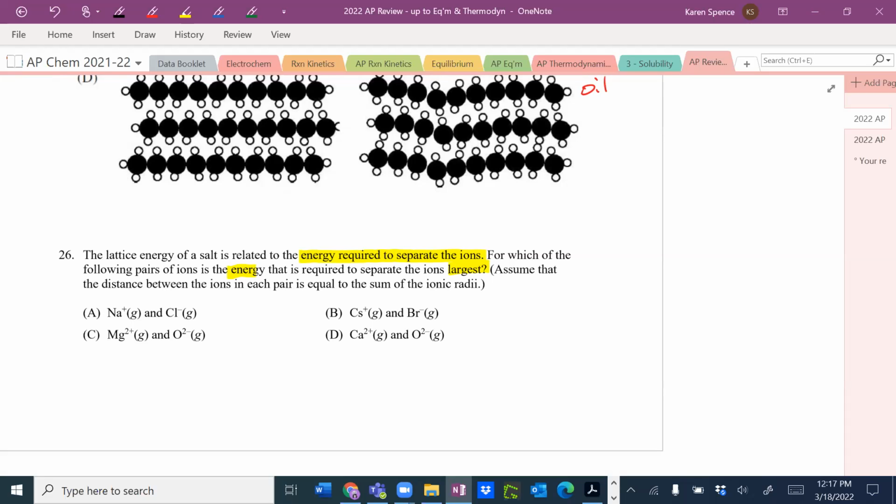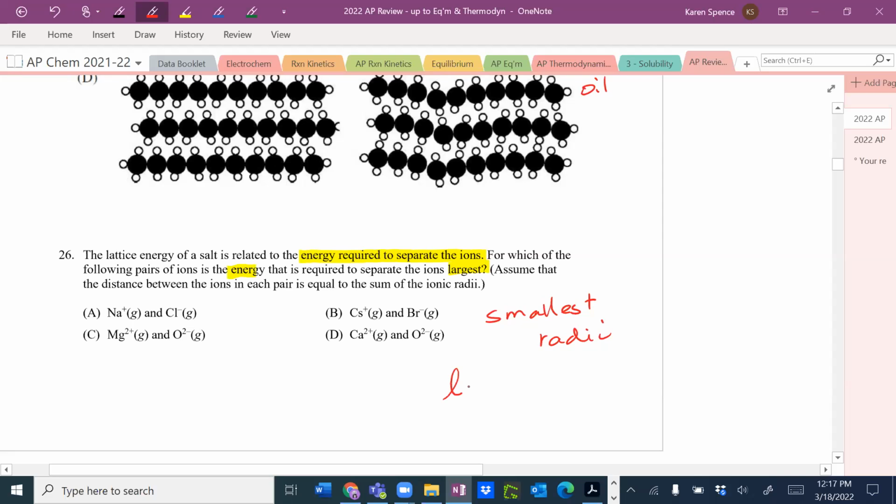We have Na+ and Cl-. We have Mg2+ and O2-. We have Cs+ and Br-, and we have Ca2+ and O2-. So we're going to be looking for the things that have the smallest radii, because that's going to bring the charges closer together so they hold on to each other more tightly.